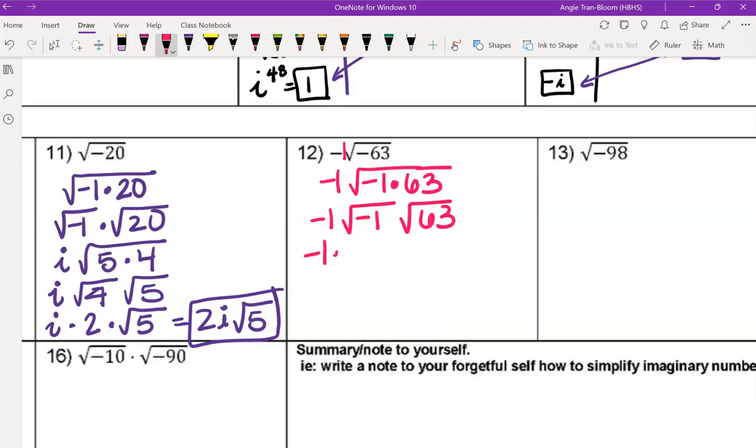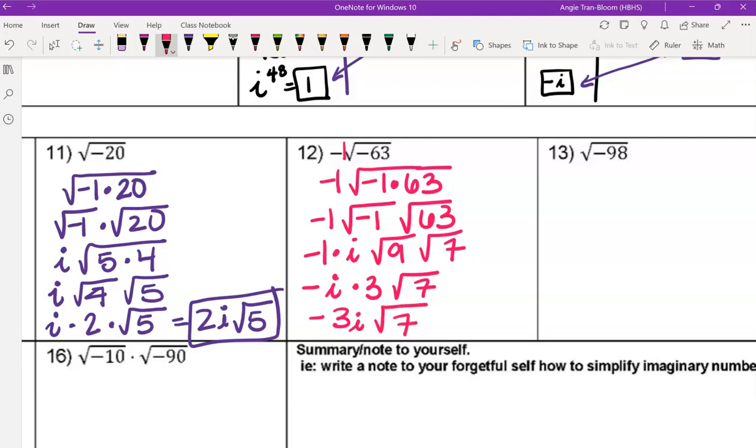So negative 1 times i times square root of 9 times square root of 7. So this is negative i times square root of 3 times square root of 7. So that's going to say negative 3i times square root of 7. Copy down all of the steps, please.